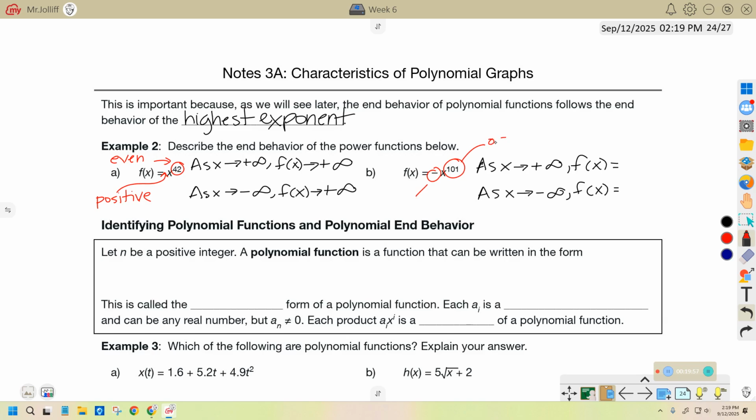Okay, it's odd. Very good. So we know the ends do opposite things. Alex, is our coefficient positive or negative? It is negative. Very good. So we know it's flipped upside down. If it were odd and positive, it would make my S. Now we're flipping it upside down. So it's this way.